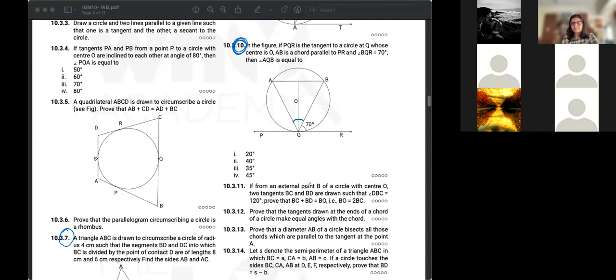Mansi got it. Ritvik, Aditya, Neil, okay, all of you are getting 10.